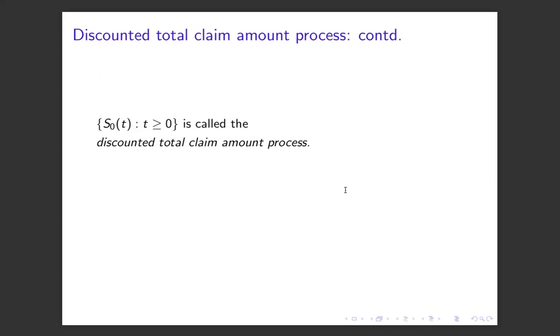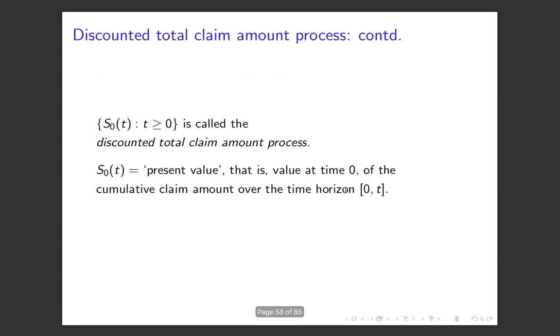All right. So this S_0 is called the discounted total claim amount process. This is the present value, that is, the value at time 0, of the cumulative claim amount over the time horizon 0 to t.